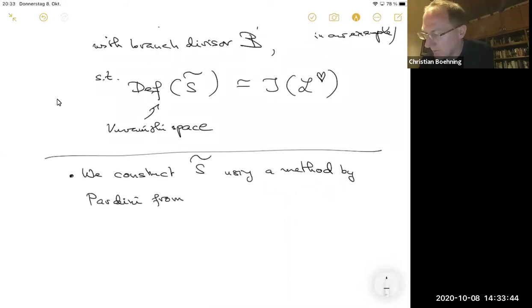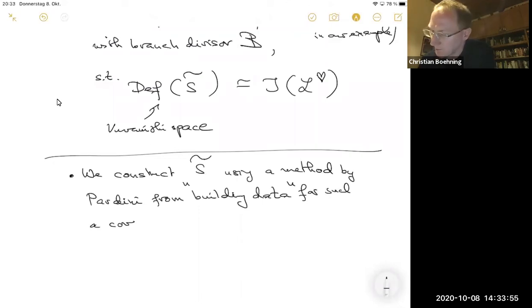She starts from so-called building data. Also Vakil does that. So building data for such a cover. What are these?